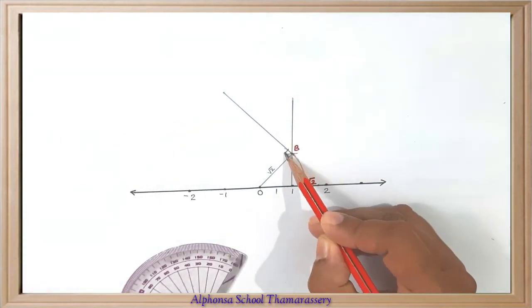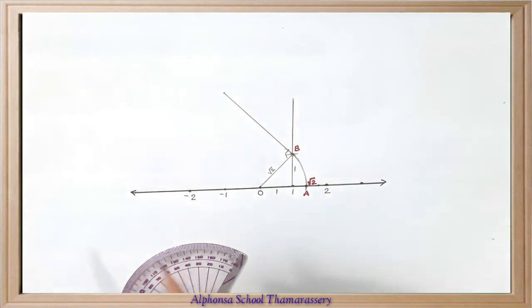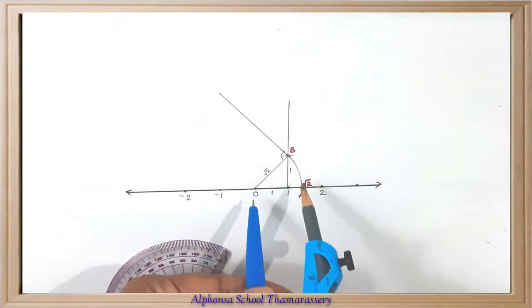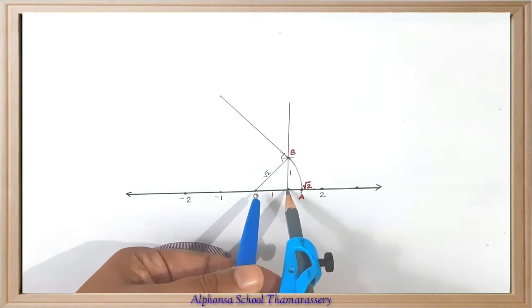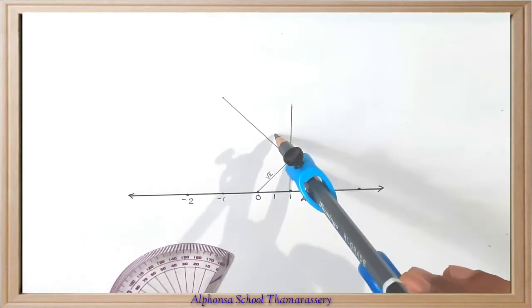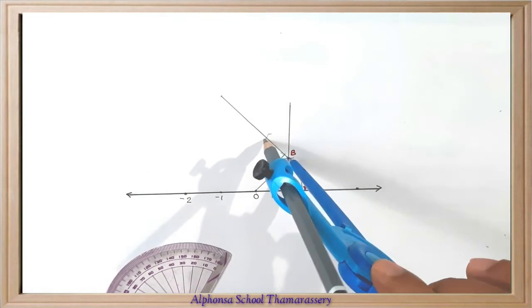Now this angle is 90 degrees. You can take 1 unit on this perpendicular line. So OB is equal to root 2. Take 1 unit on the perpendicular line. So here we know this is 1 unit. Measure 1 unit in your compass and take B as a center.